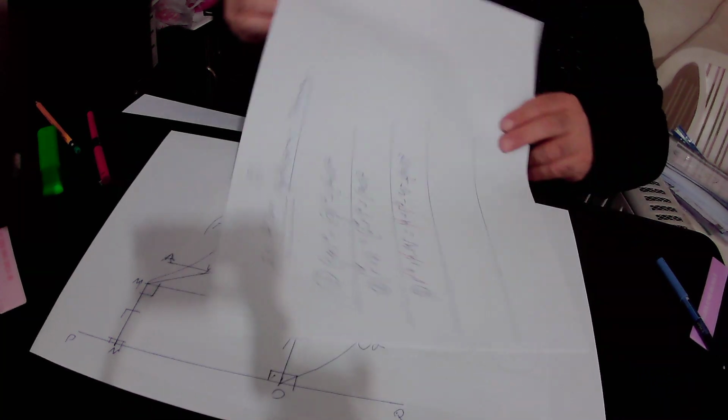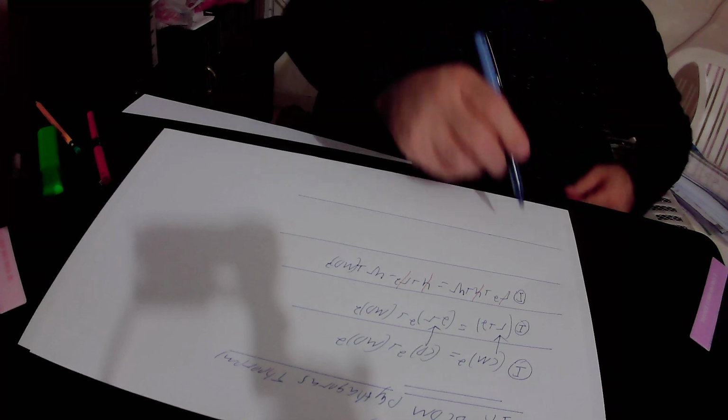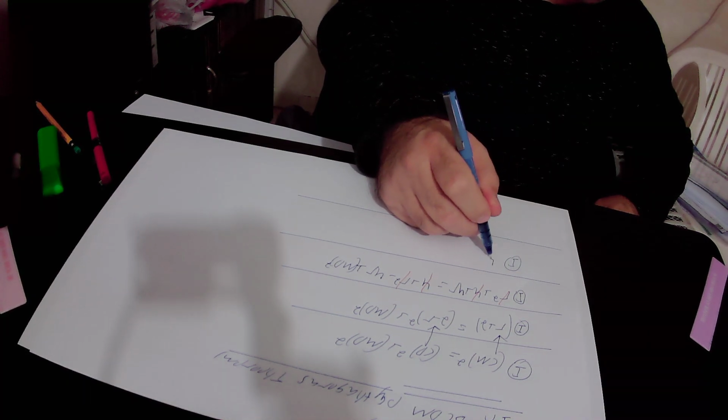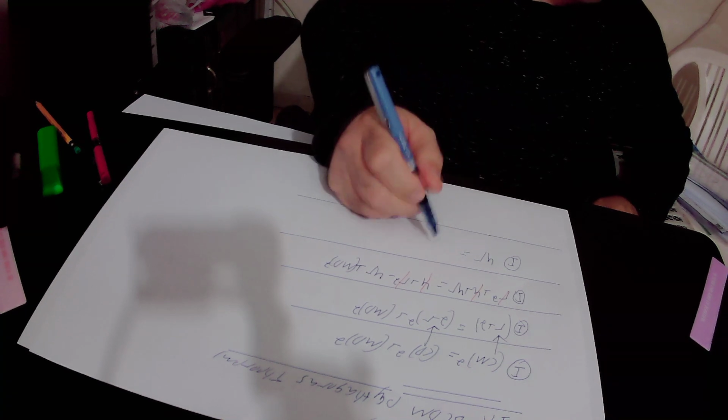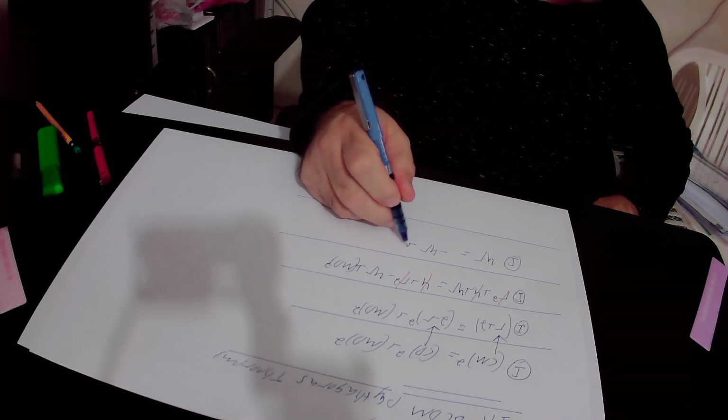So I'll write it down. In total we got that 4r equals −4r plus MD².